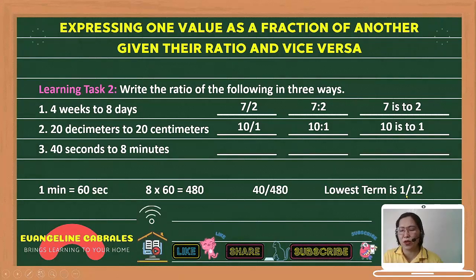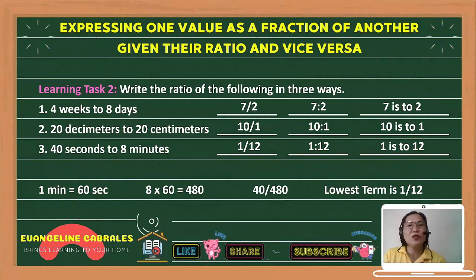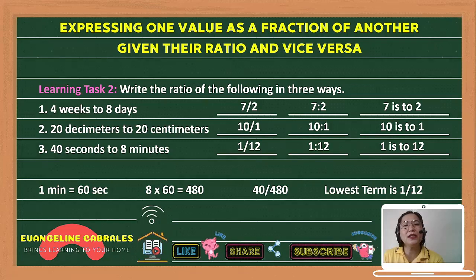So, ang lowest term ay 1 is to 12. Yan ang kanyang fraction form, column form, and word form. So, malinaw na ang gagawin kapag ang ratio ay mayroong magkaibang entities, ha? Always convert to the smaller unit.